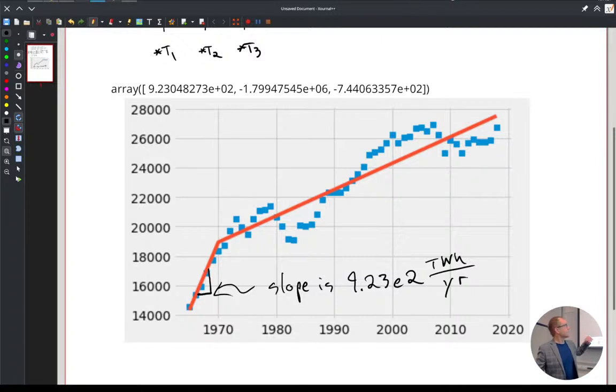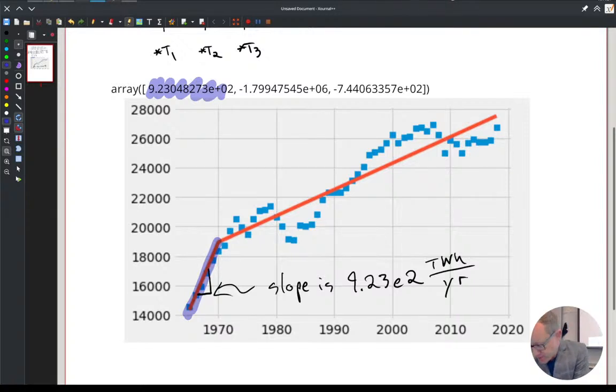So this first coefficient is describing just the slope before the split.